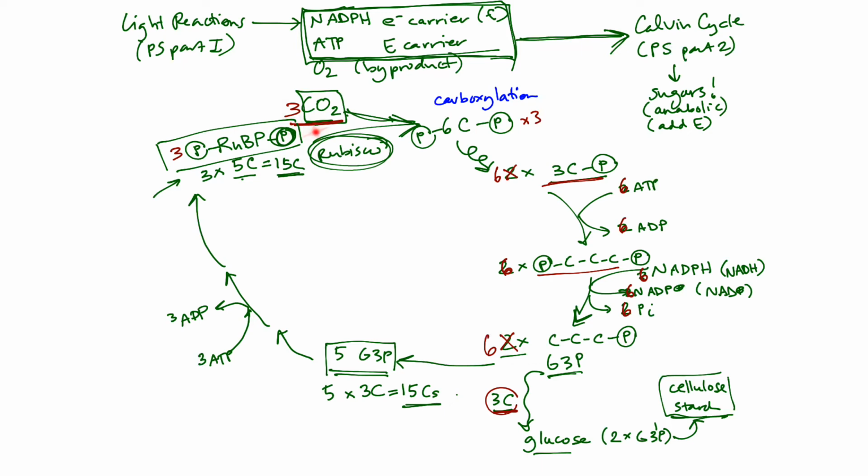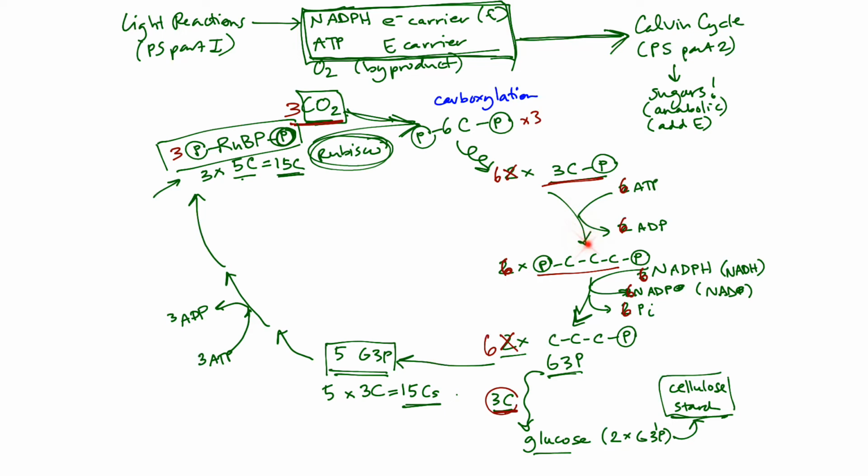We take in molecules of CO2 gas, and that's joined together with ribulose bisphosphate, RuBP, by the enzyme Rubisco. And then we form a 6-carbon molecule first, but it quickly breaks down into 3-carbon phosphorylated molecules.